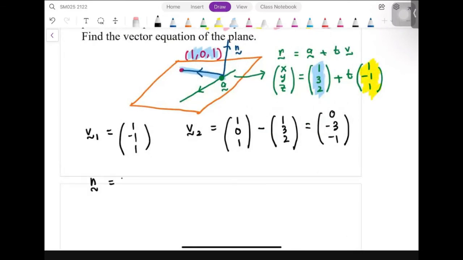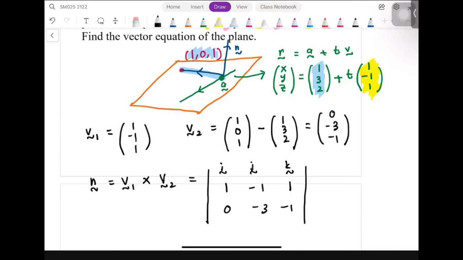So, normal vector should be v1 cross v2. Okay. We have i, j, k. So, 1, negative 1, 1 times with 0, negative 3, negative 1. Okay. So, perform our cross product as usual. Saya harap sangat awak praktis lah banyak kali untuk cross product ni. Jangan salah kira.